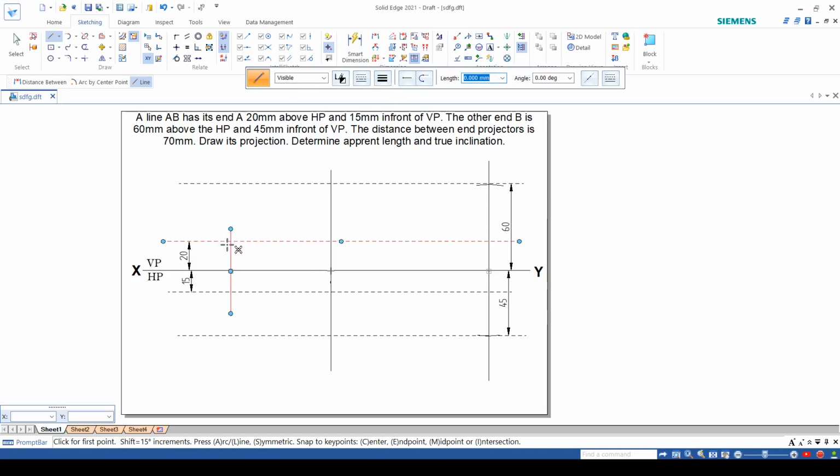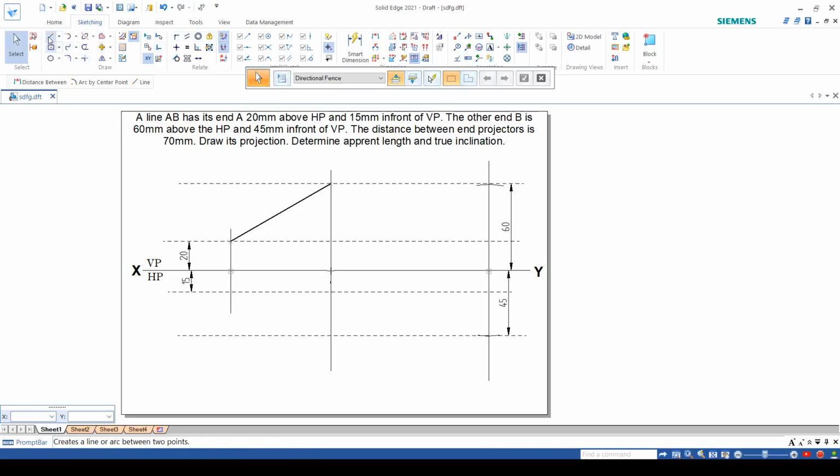So this is our point A, this is our point B. Now similarly, yes, it's there, 50 mm. Now we would just join these two also.